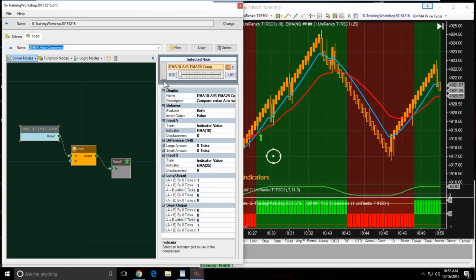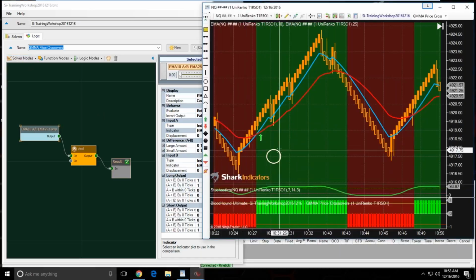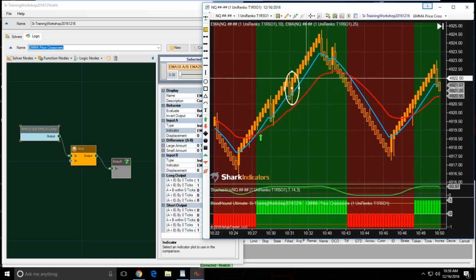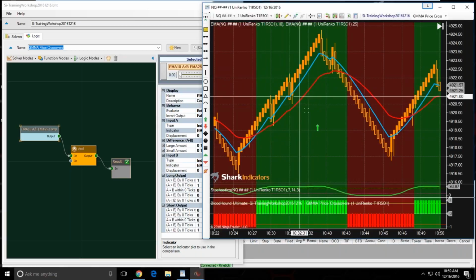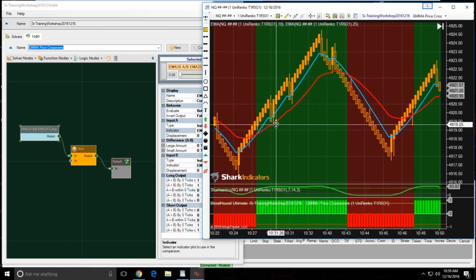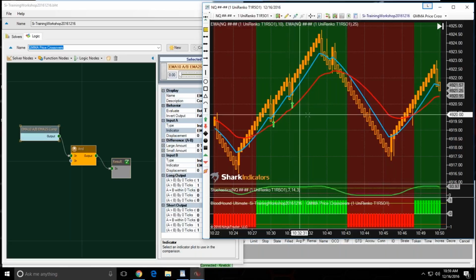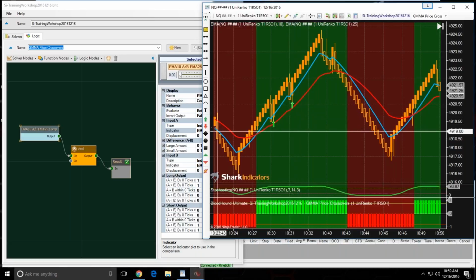So let's grab the next solver that we need, which is a crossover solver. Now we actually want to identify the individual bar where price crosses above our EMA 10, or the blue plot. So what we're looking for now are these individual bars that cross up.